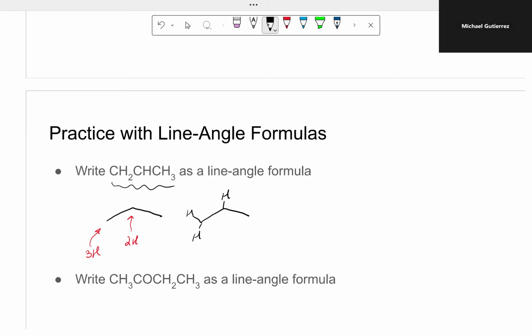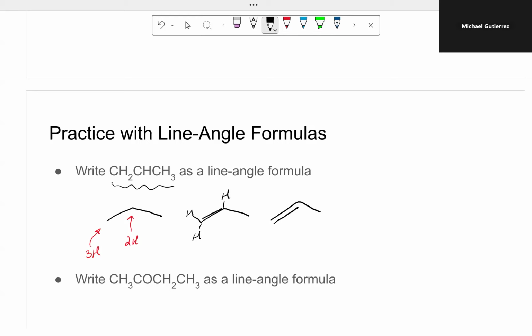Now, you're looking at that and saying, you're violating the octet rule if those are the only things there. So how do I make this follow the octet rule? I'm going to put a double bond right there. So when I draw the line angle formula, I still have my double bond there.